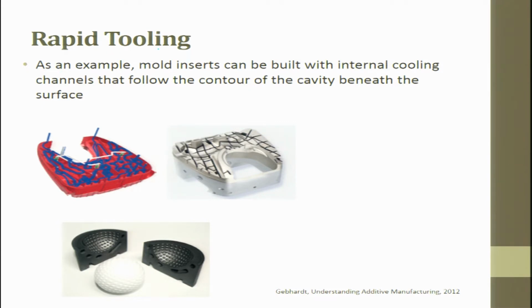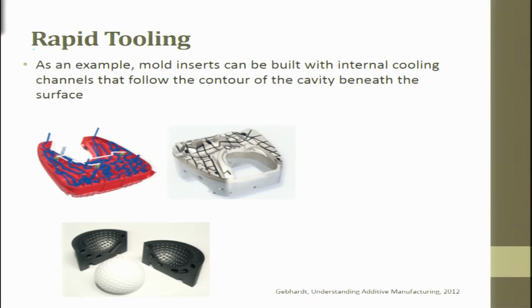So, rapid tooling, as it explains here, is a mold insert that can be built with internal cooling channels that follow the contour of the cavity beneath the surface. This is shown in this example.